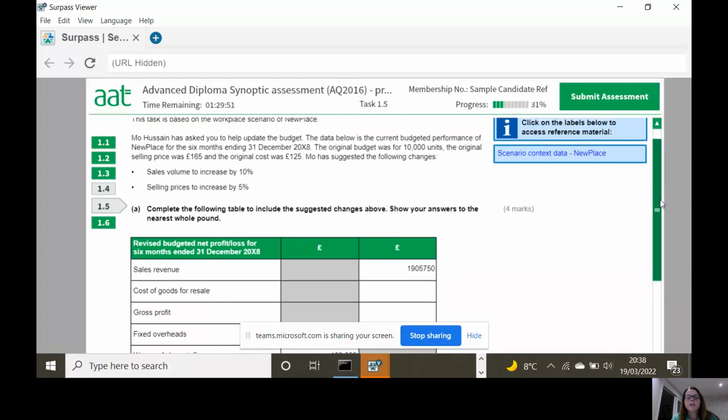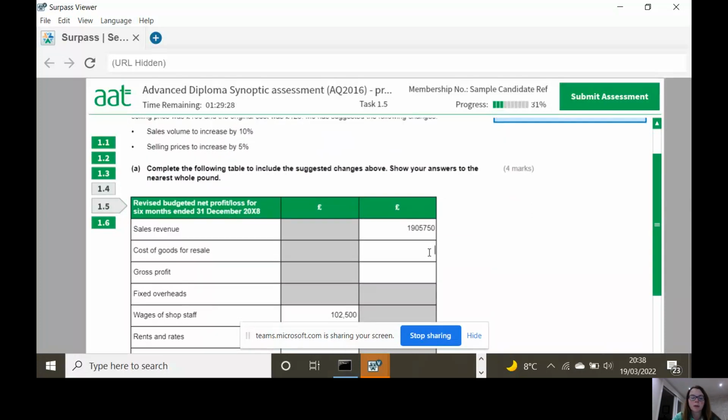Right, cost of goods for resale. So it doesn't look like there's any change to the cost per unit. But remember, my volume has increased to 11,000 units. So let's do £125 times the 11,000 units, which gives me 1,375,000.